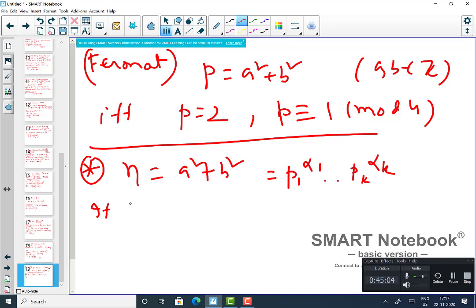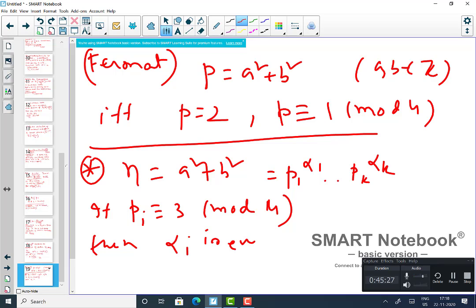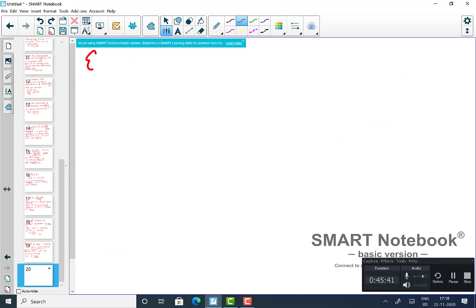If some pi is congruent to 3 mod 4, this kind of prime, then finally this alpha must be an even integer. It cannot be an odd power which divides n. Maybe I will give an example, then you will understand. So let me construct an example.